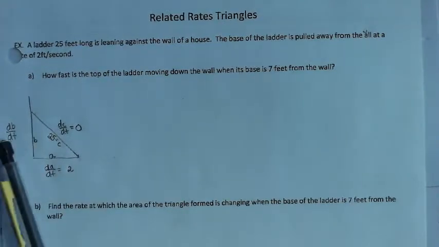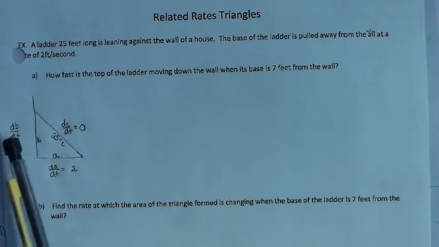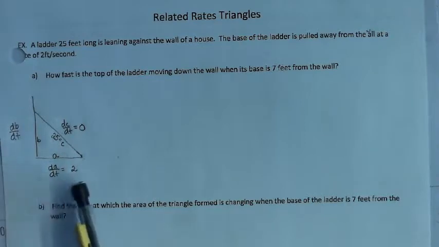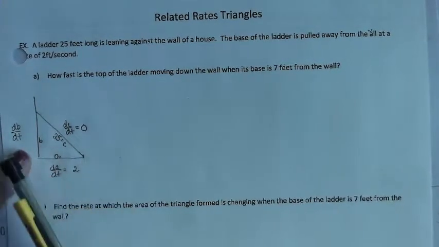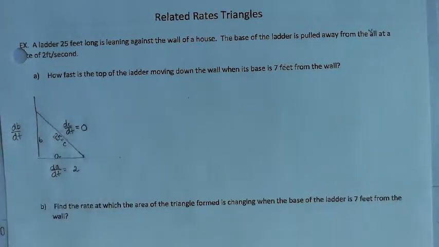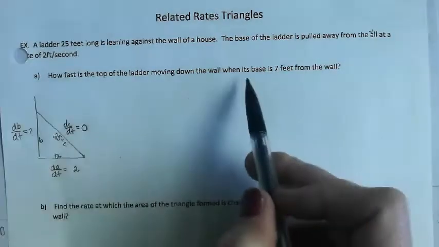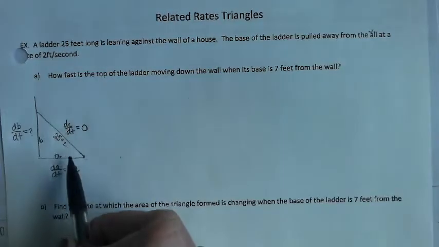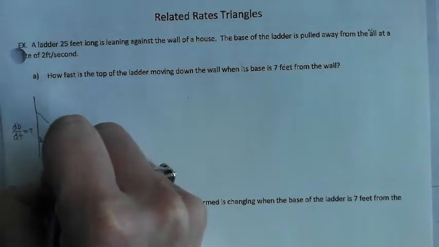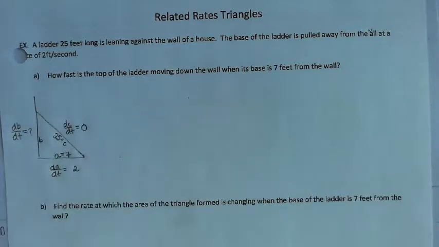So that rate of change is not going to be a constant number. Like this one is always 2. This one's going to change depending on where on the wall we are. So specifically, how fast is this going to be when its base is 7 feet from the wall? So specifically when A equals 7.